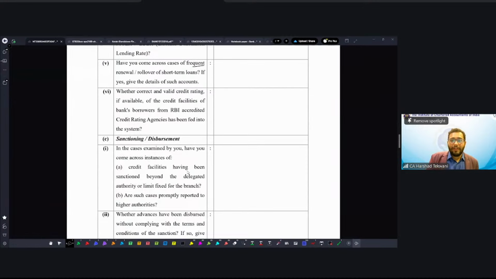For example, another case is frequent rollover of short-term loans. Can anyone remember we talked about a concept called evergreening of loans when we were discussing the CARO?